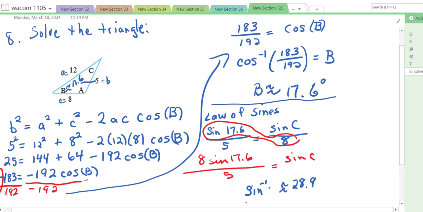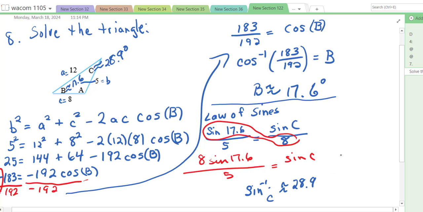And the other angle you can get by subtracting. So you don't have to really do law of sines again. That was C, sine inverse. And so angle C is 28.9 degrees.